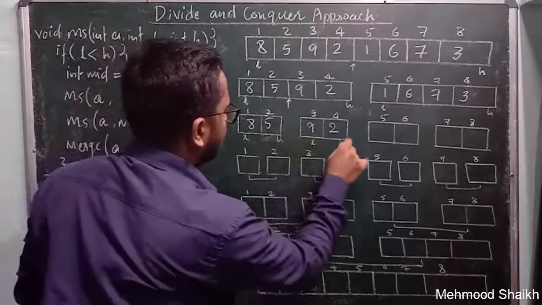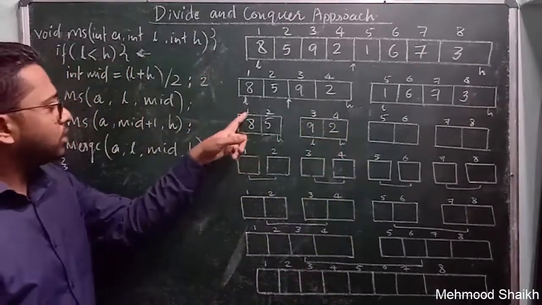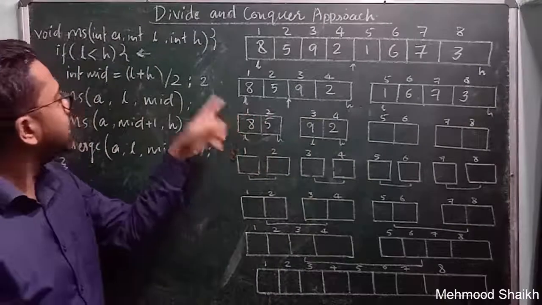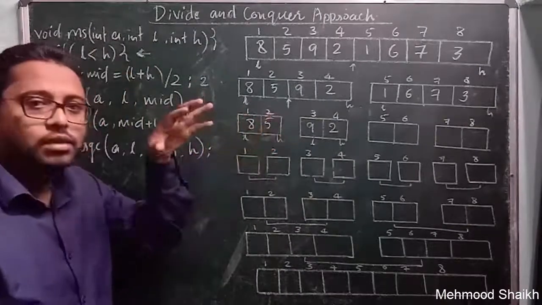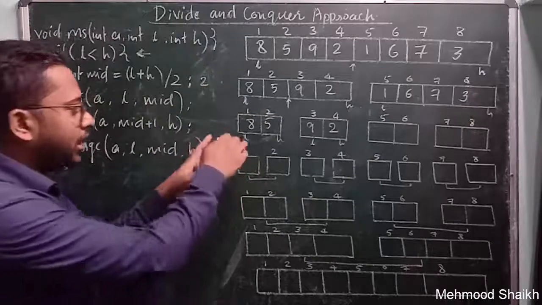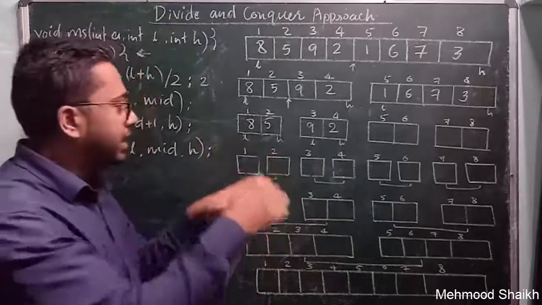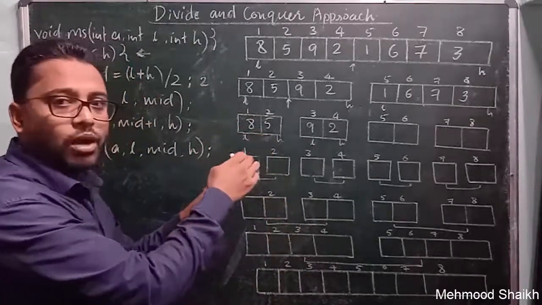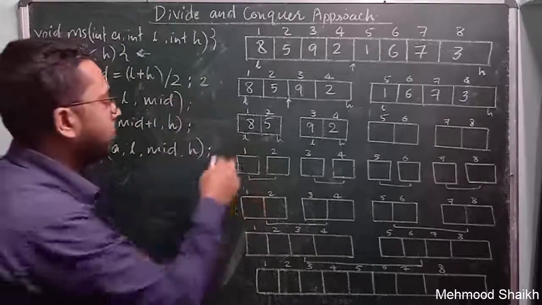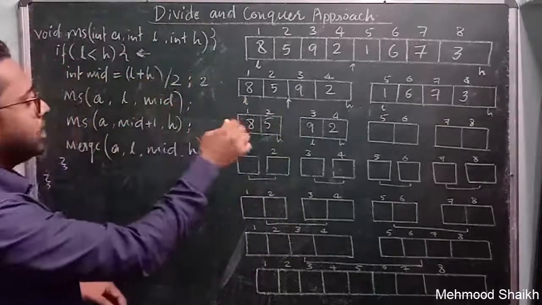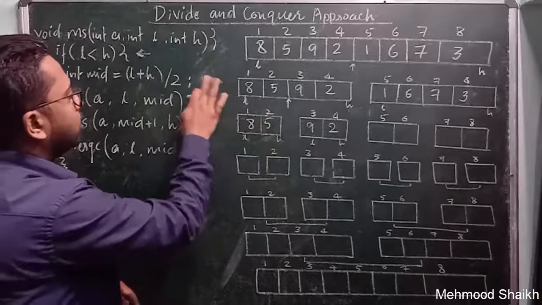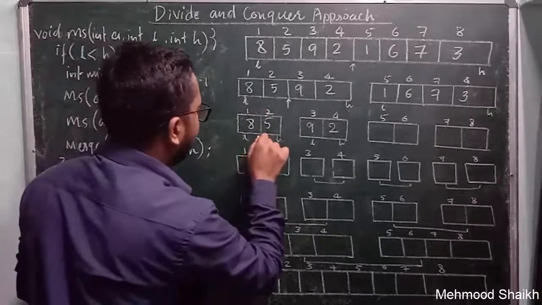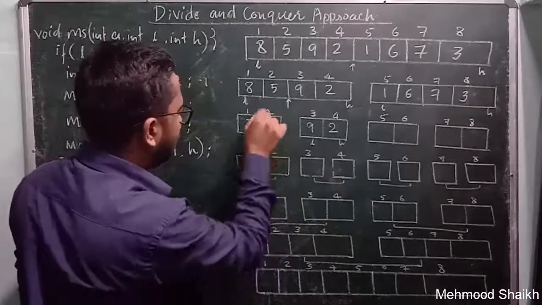Here you can see low is 1 and high is 2. We check whether 1 is less than 2. Yes, 1 is less than 2. That means we still have elements present in the subproblem, so we have to divide them. 1 plus 2 equals 3, and when we divide 3 by 2 we get 1. That means we have to divide this subproblem from this location.